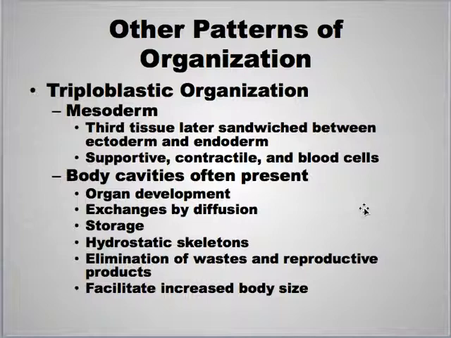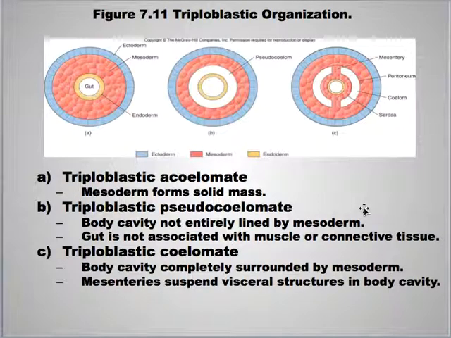This explains those in more detail, which you can look up. There's also triploblastic organization. We'll talk about organisms from each of these groups when we move on, but I'm just going to show you the terms for now.